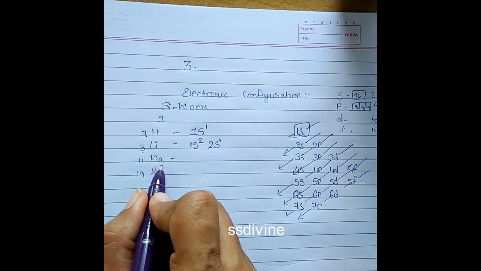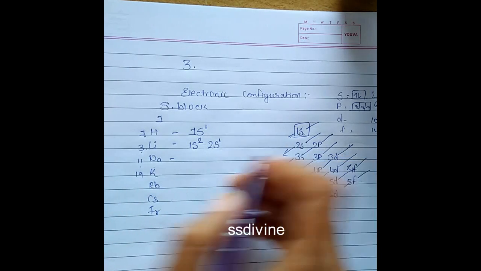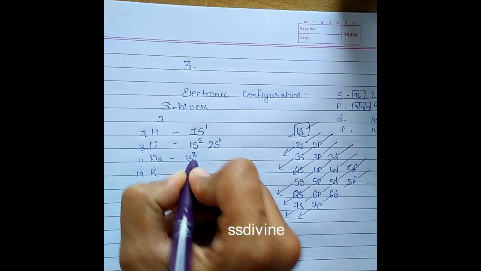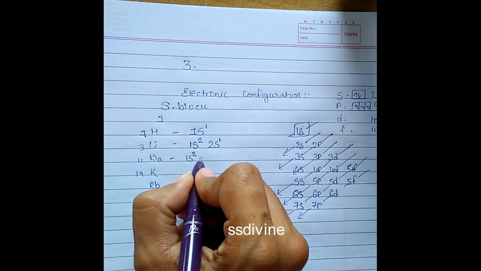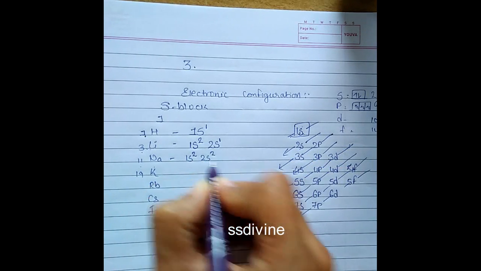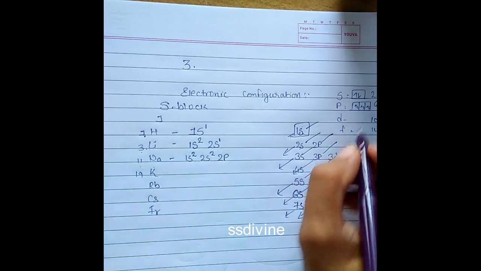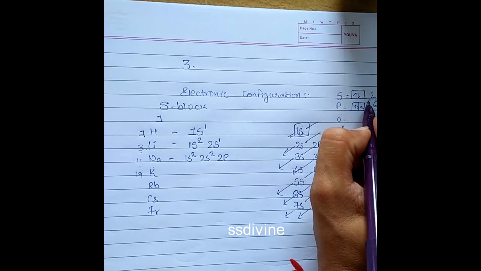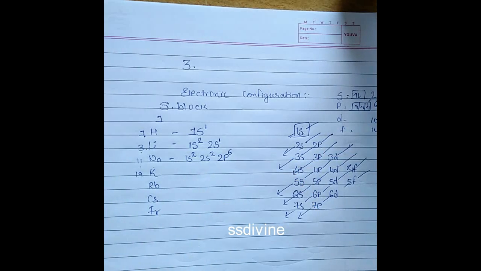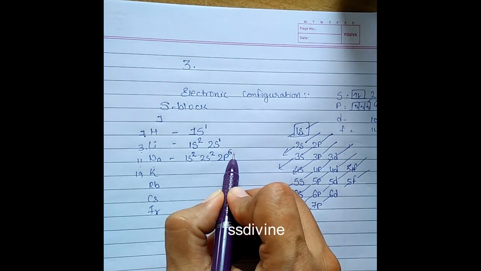When we talk about sodium, it is having atomic number 11. So the electronic configuration of sodium will be, first it will occupy 1s, 2 electrons, then in 2s, 2 electrons, then it will enter in 2p. The p orbital can have maximum 6 electrons, therefore in 2p6, 10 electrons are filled.